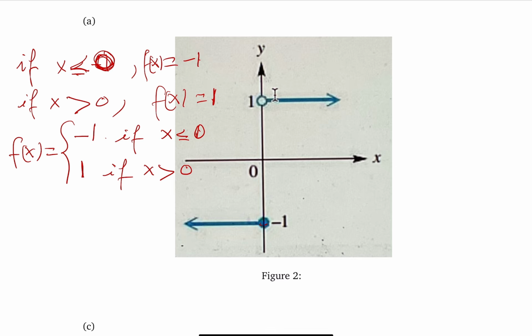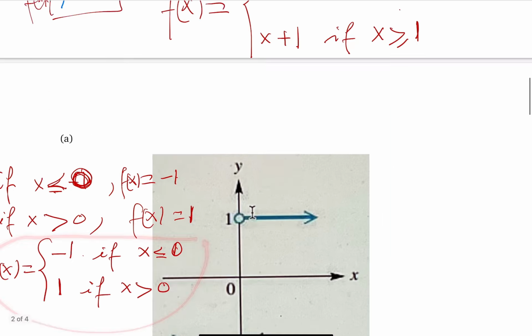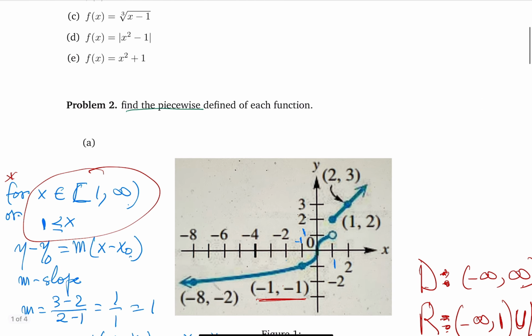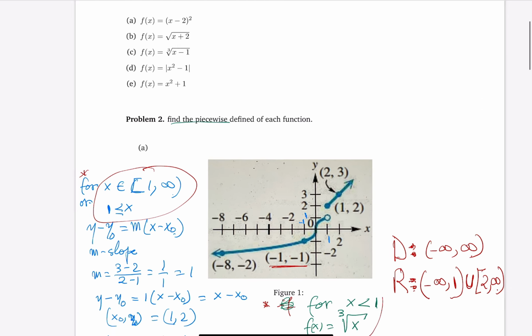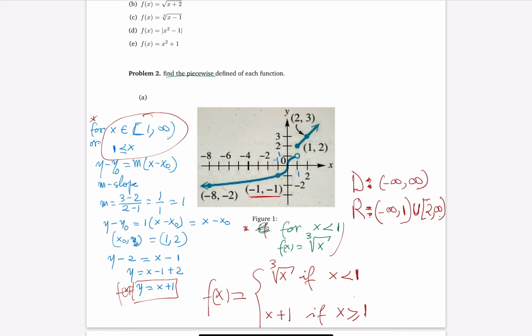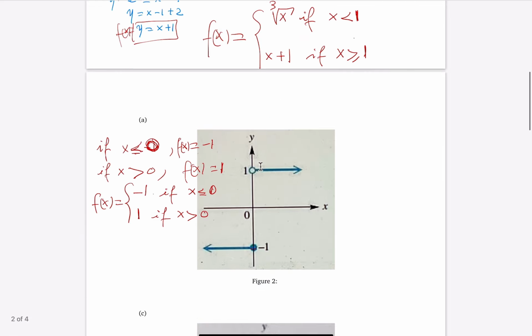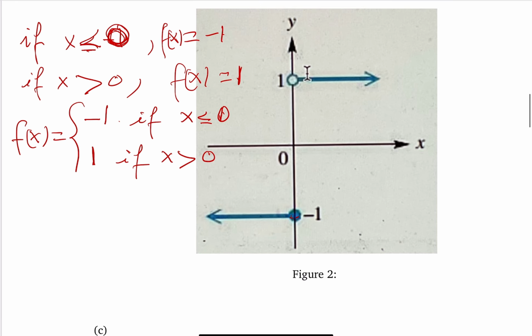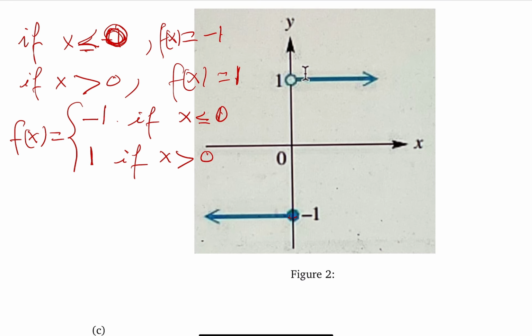That's the piecewise function we have to find. Did they ask you to find the domain and range? Yes. Okay, put the domain and the range. If I give you this one on your exam, I will say find the domain and the range. Remember.